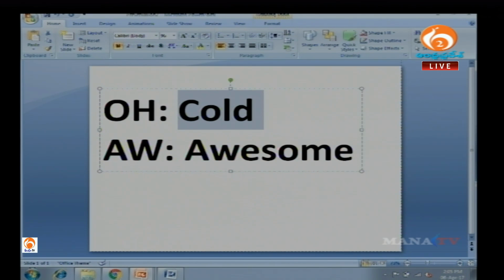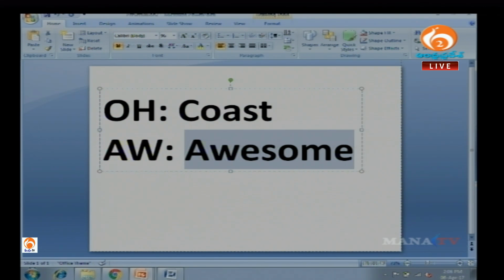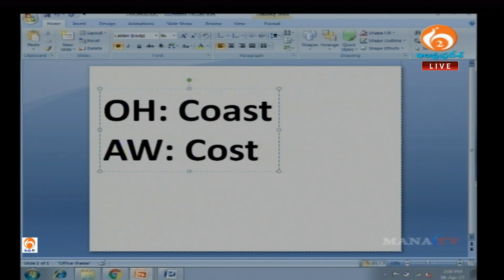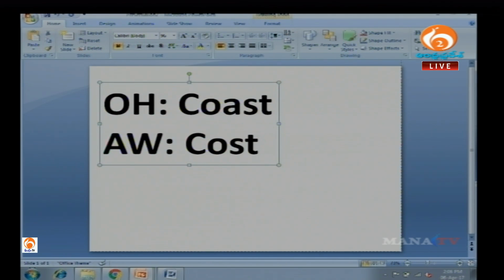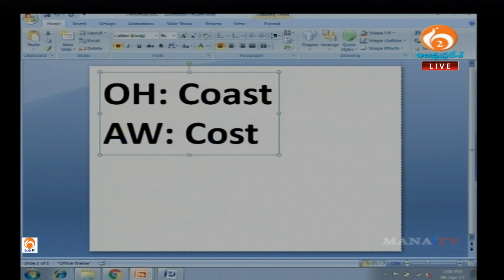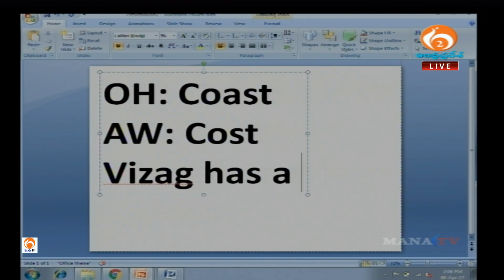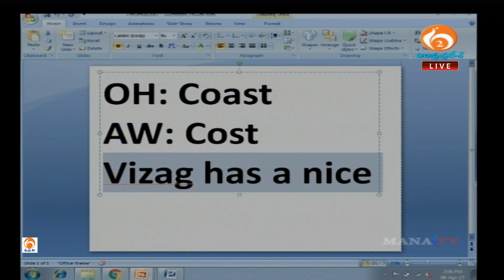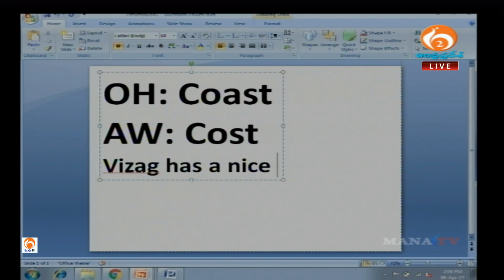So if I have a word with the first O sound, which is coast, and I have the other O sound, which is cost. If you have a person who makes mistakes interchanging the pronunciation, he will say Vizag has a nice cost. So instead of saying coast, he will say cost.